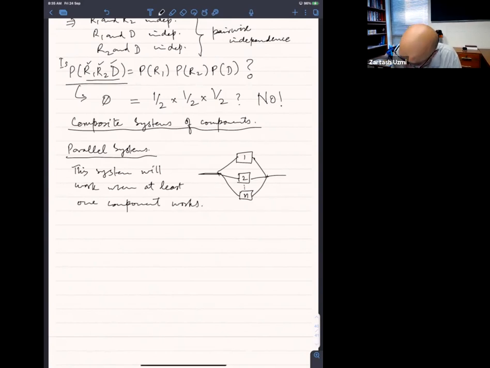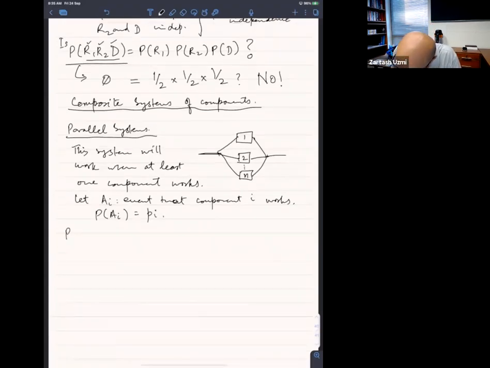Okay. So let Ai be the event that component i works. And the probability of Ai, assume that this is equal to pi.